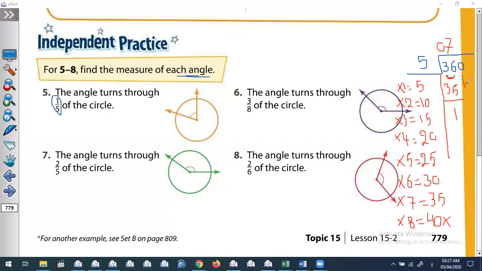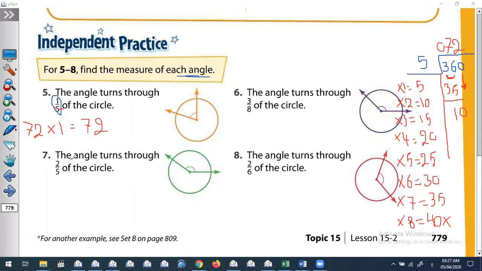After subtract, bring down the next digit, which is 0. Now the new number is 10. 10 divided by 5 is 2. So we have 72. Don't forget to multiply 72 times 1, the number which is in the numerator. 72 times 1 is 72.